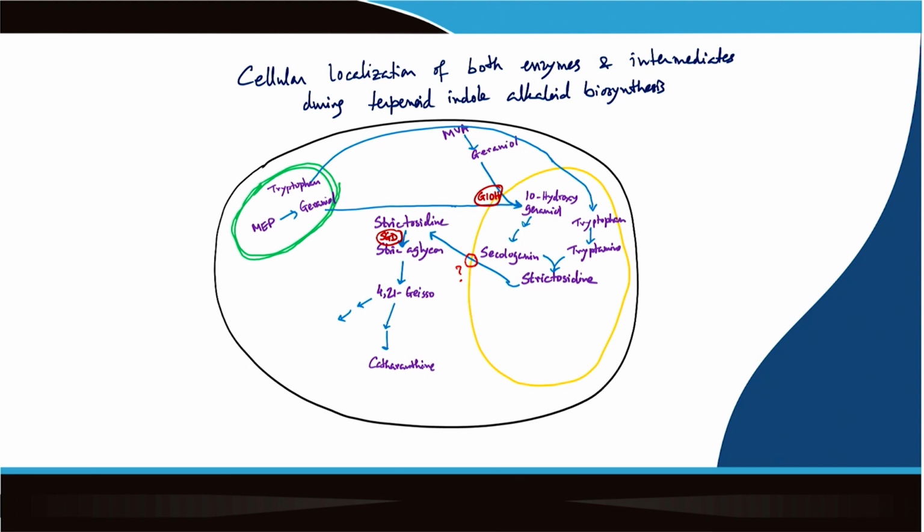This catharanthine will again enter into the vacuole, and this will be the tabersonine. This tabersonine now moves through the cytosol into the chloroplast. So, if I put the arrow, right.